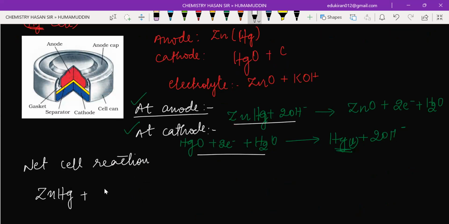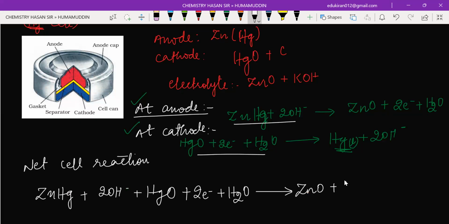Yes, sir. And 2OH minus is also there, and you can see HgO, then 2 electrons, then H2O. On the right hand side, ZnO, 2 electrons plus H2O plus mercury Hg, and then 2OH minus.